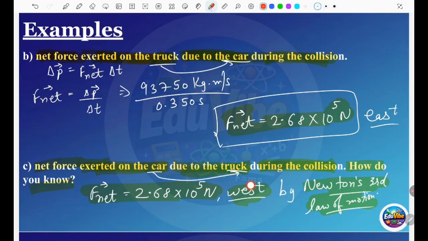So it is in the opposite direction. If there is a force from the truck to the car, then we have an opposite force from the car to the truck, so they have equal magnitude on both. They change the direction from east to west. For this question, we didn't need to find the opposite part like the other part, only in the case of the forces, not for the momentum.